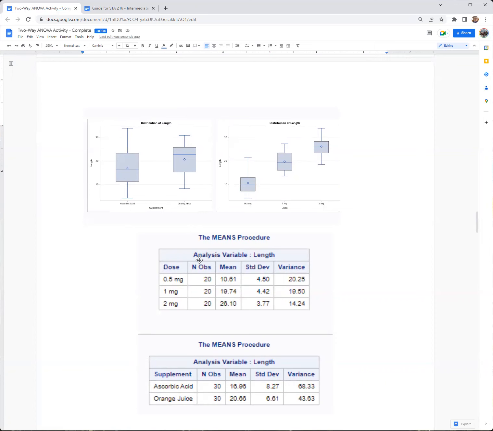We can see, without running the two-way ANOVA, that the higher the dosage level, the longer the odontoblast lengths were typically.